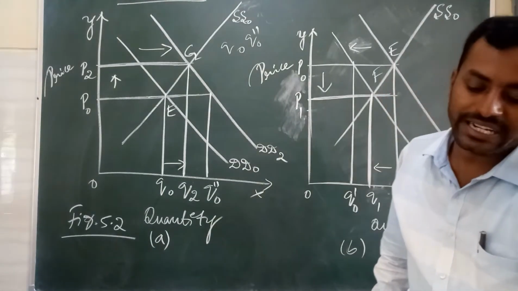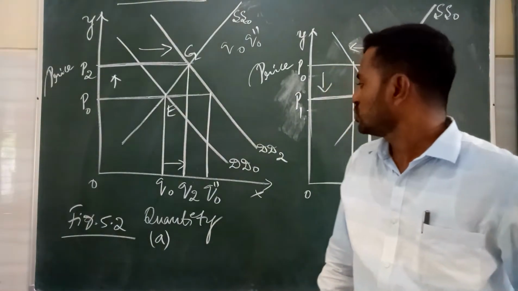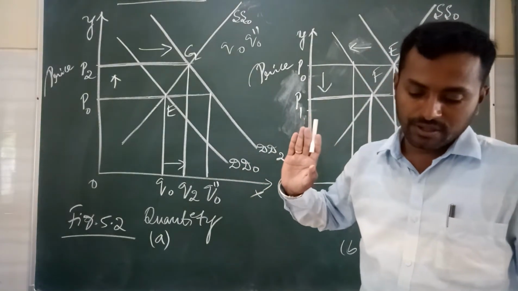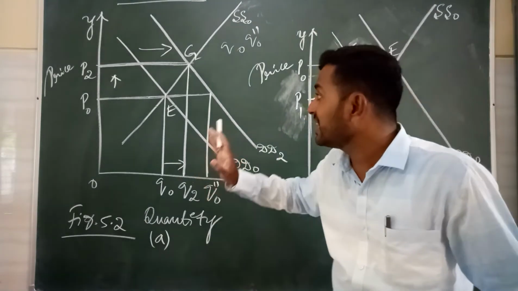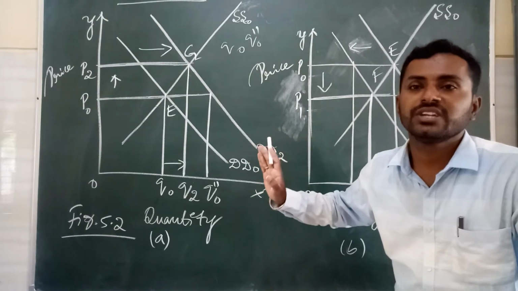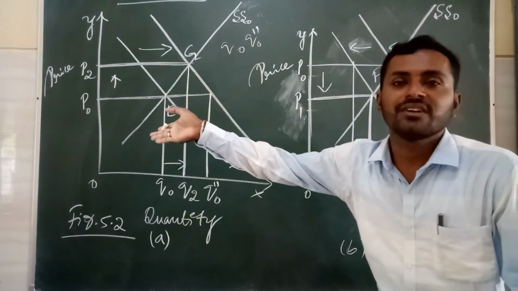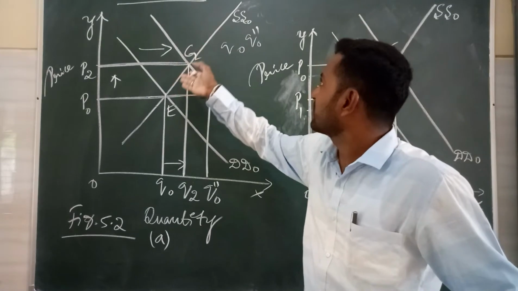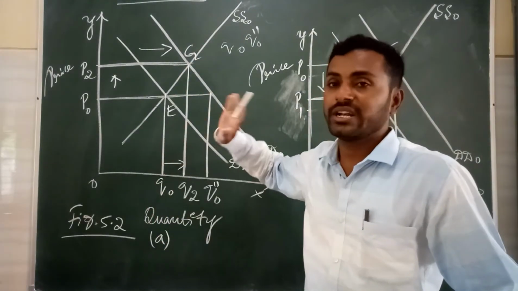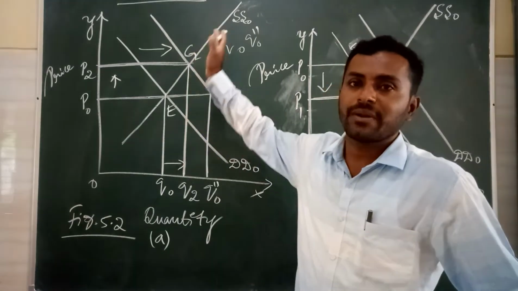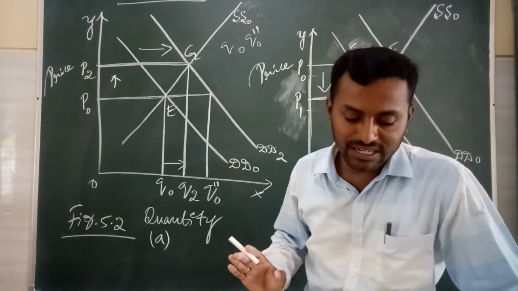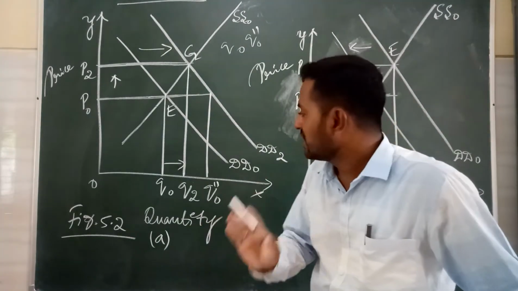Now suppose the market demand curve shifts rightwards from DD0 to DD2. Here only the demand curve is changing. The supply curve is unchanged, constant at SS0, as shown in panel A. The shift indicates that the price and quantity are more than before.